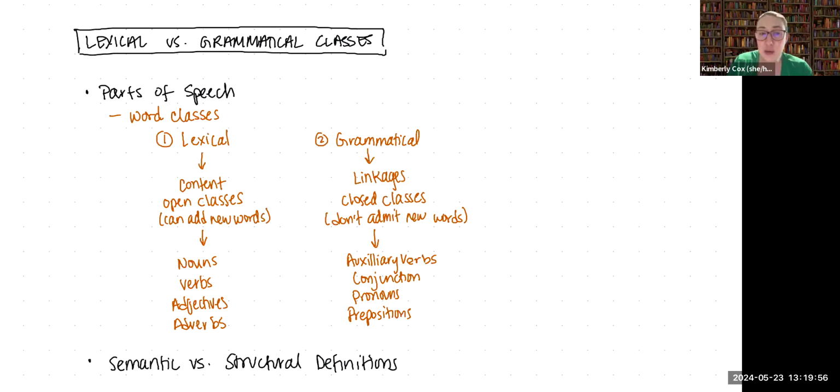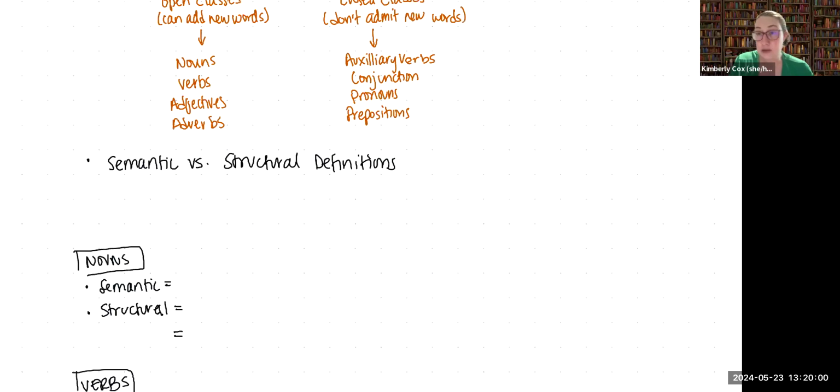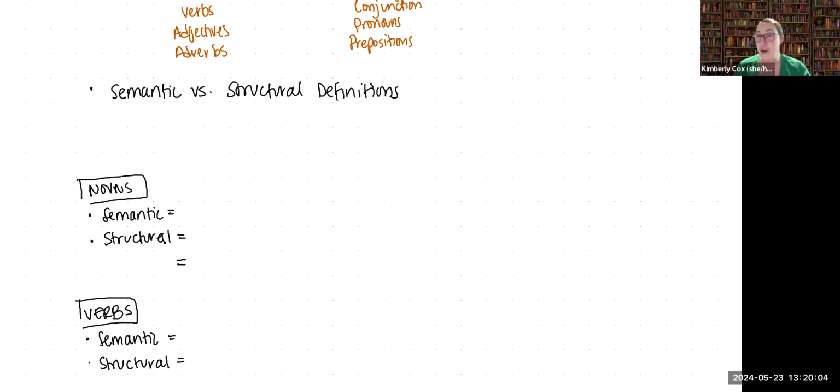All right, so continuing on, this distinction between lexical and grammatical classes also matters as far as helping us think about definitions. There are several different types of definitions. Semantic definitions are definitions that identify meaning, whereas structural definitions are definitions that identify function.